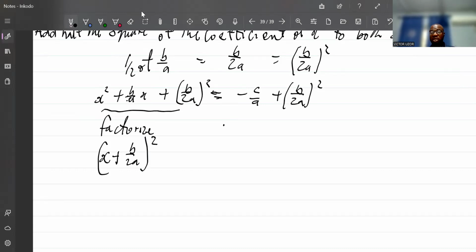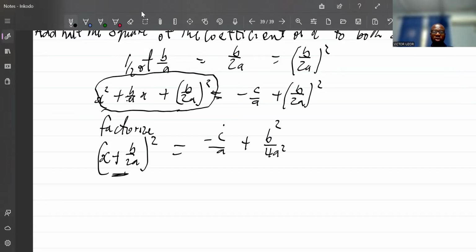If I expand this now, it's going to give me everything that is here. If you want to see how I do that, I might do a video on that later, but now we don't need it. At the right-hand side, we have negative c over a, and when I open the bracket, I'm going to have b squared over 4a squared.